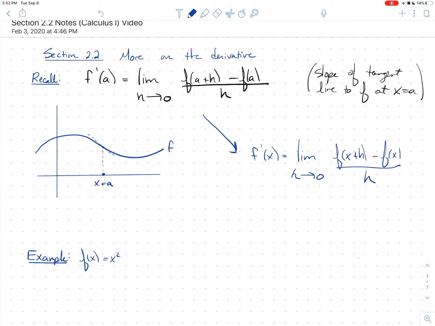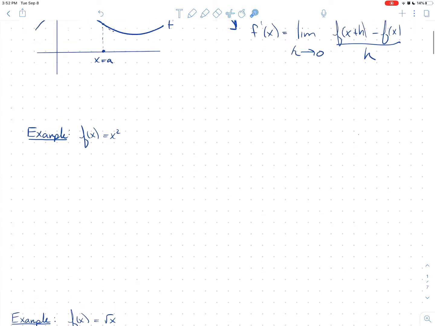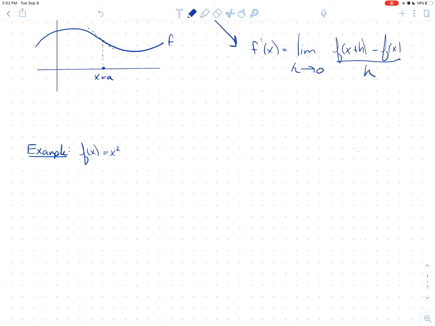And so this gives the slope of the tangent line to f at x. So same thing as this, slope of the tangent line to f, we'll just say at x. We don't need to say x equals a anymore. So I think this is best seen through an example, and then we'll hop on Mathematica after we compute this and try to visualize what's happening.